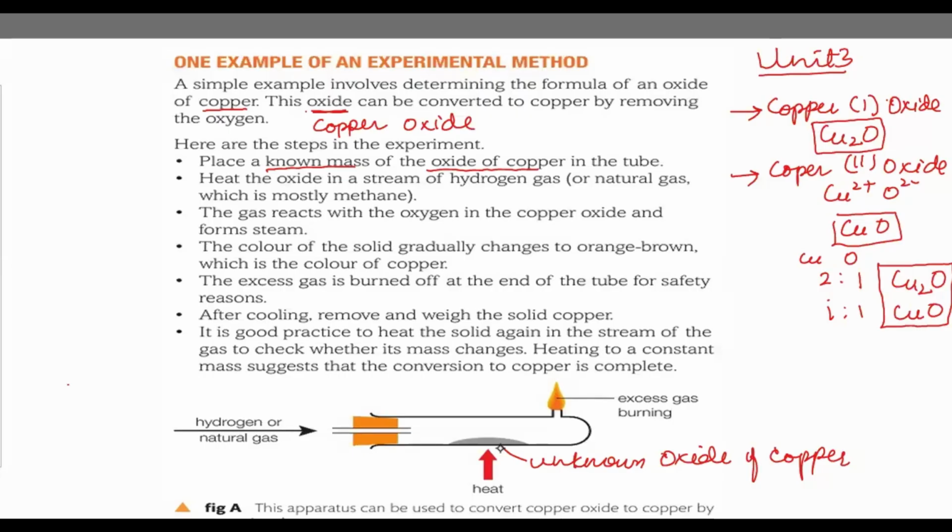Now, let me label this compound as X, right? So this compound X taking hydrogen means this is acting as a reducing agent. This reducing agent is reducing the copper oxide. Instead of reducing agent, we can also write H there. So this reducing agent is going to reduce the copper oxide and it is going to convert into water and is going to give you the copper metal.